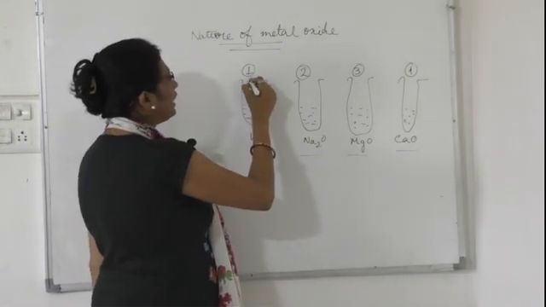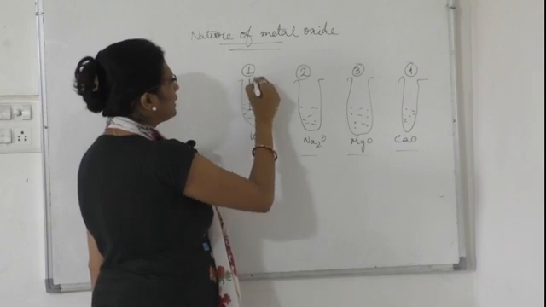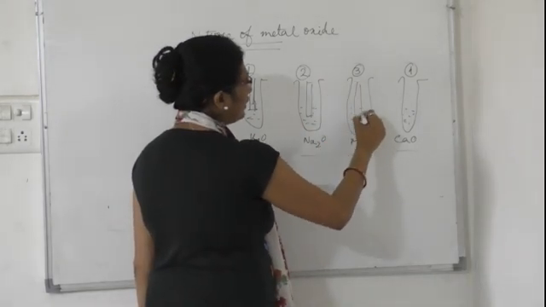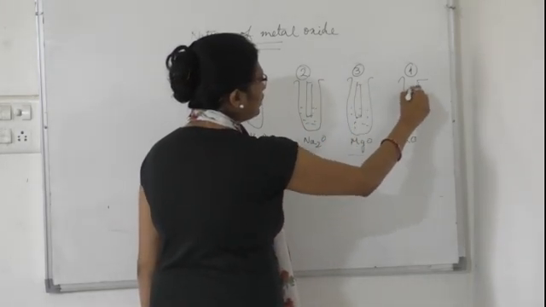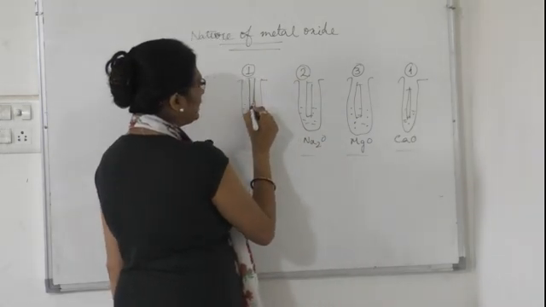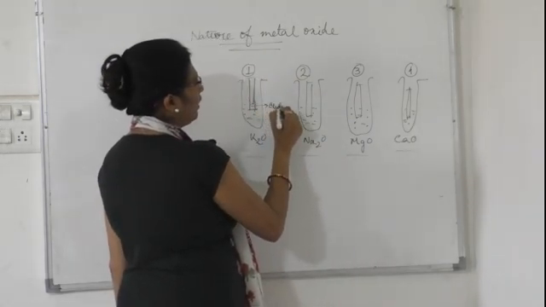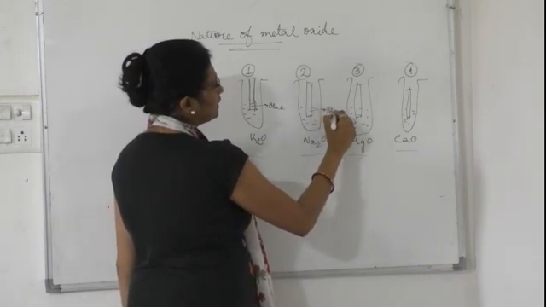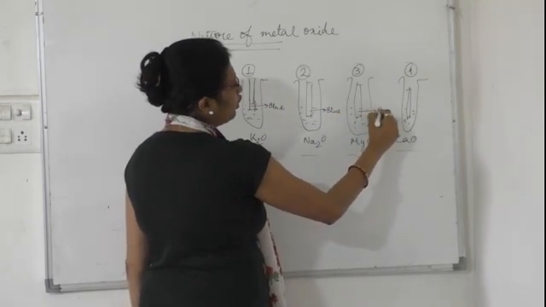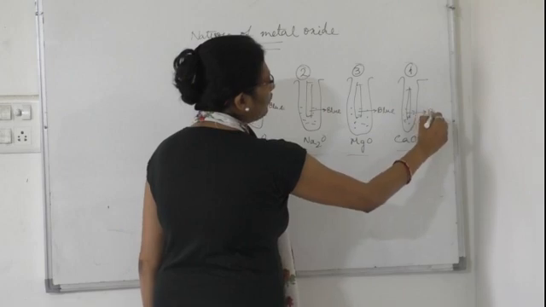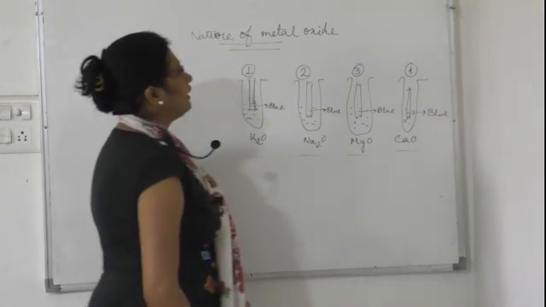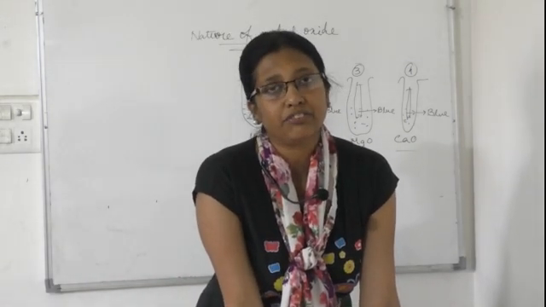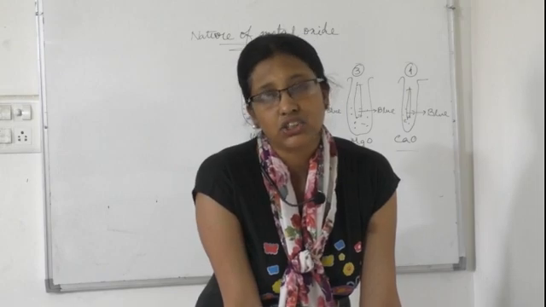We are putting red litmus paper in this solution, and we can see that the red litmus will turn into blue. We all know that the solution that makes red litmus blue is basic in nature.